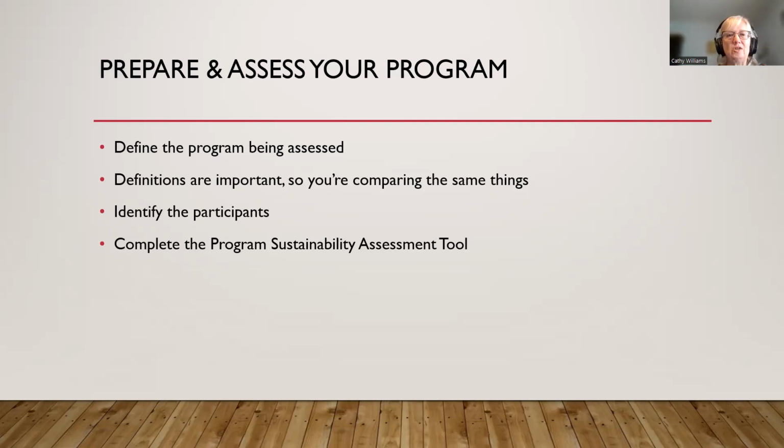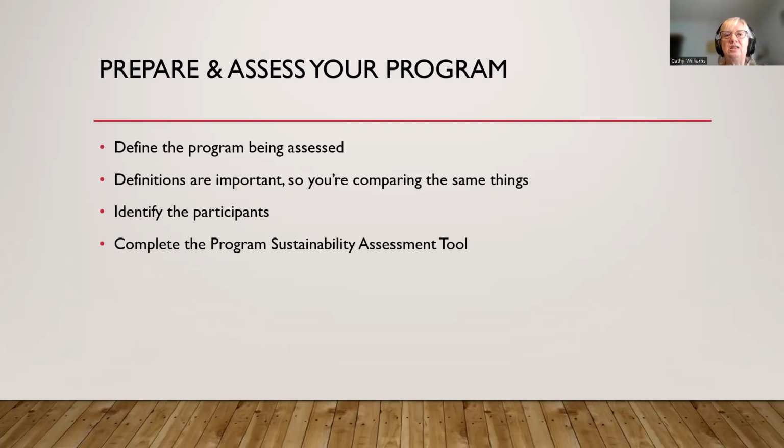You want to make sure that when you say organization or when you say program, the people that will be taking the assessment know things like what I just said. Are you evaluating the whole agency? Are you evaluating this one particular thing? When you talk about staff, are you talking about just the treatment staff, or staff and volunteers, or staff and management?